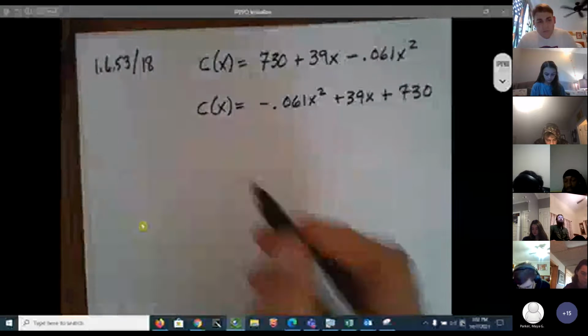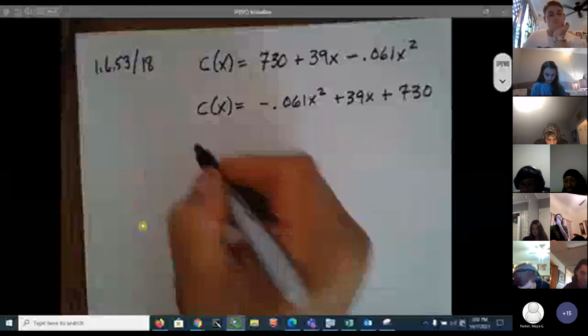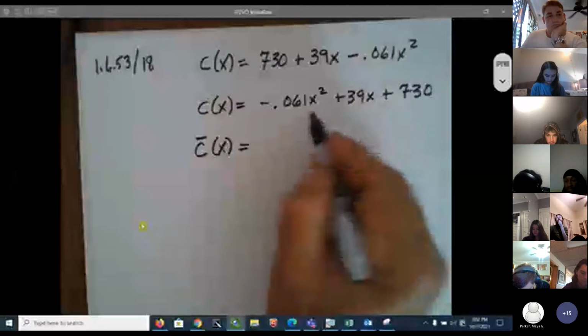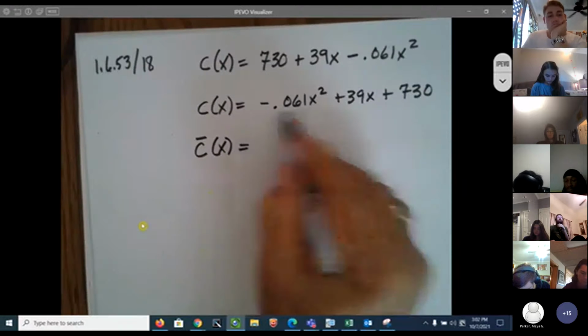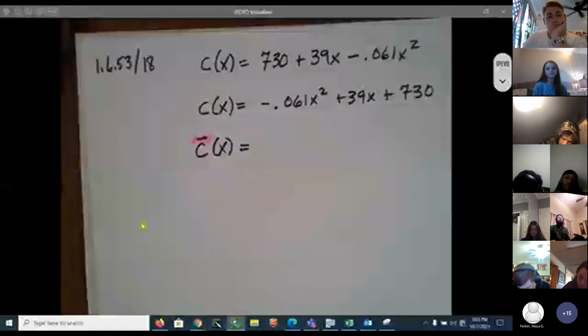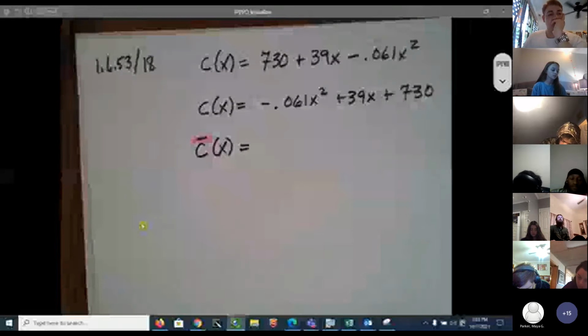And we want to get the average of cost. So that would mean divide everything by x. So I'm going to put a little pink highlight right here. So that means I'm going to divide each one of my terms by x.